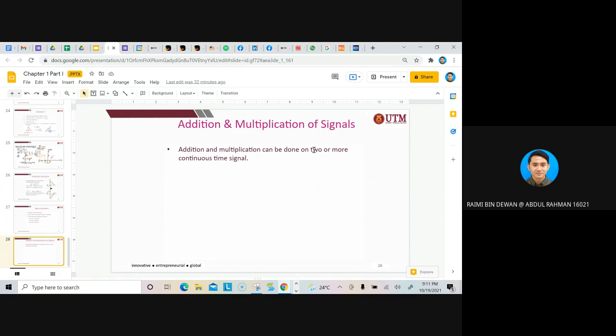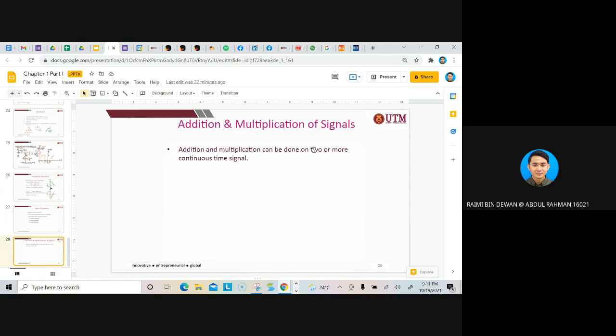Once you have mastered these six basic operations, then the next challenge is addition and multiplication of signals. In this aspect, it's quite direct. You can just directly have addition and multiplication of signals.